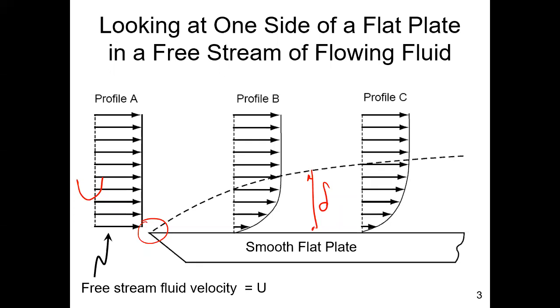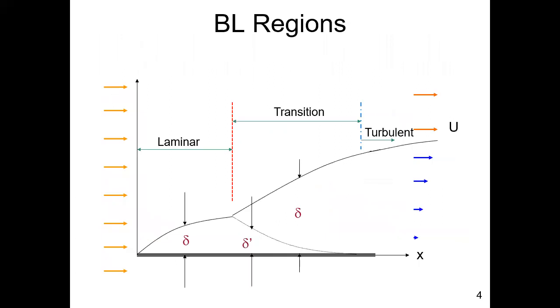And again, we focused on flat plates. And what we saw was the boundary layer had 3 distinct areas or zones. Initially, for the smooth flat plate, you have nice structured movement of particles. They're moving in what are called laminae.